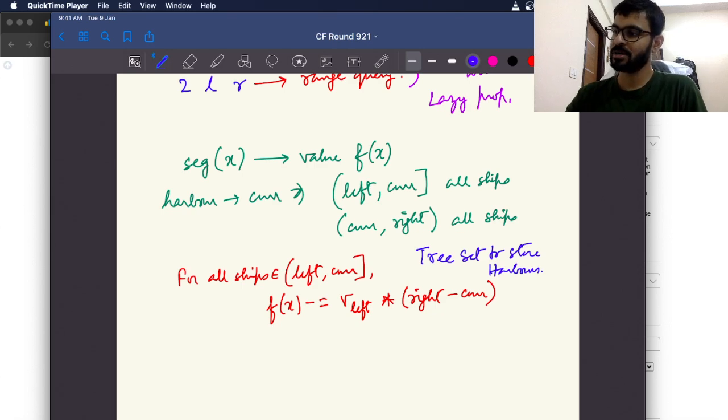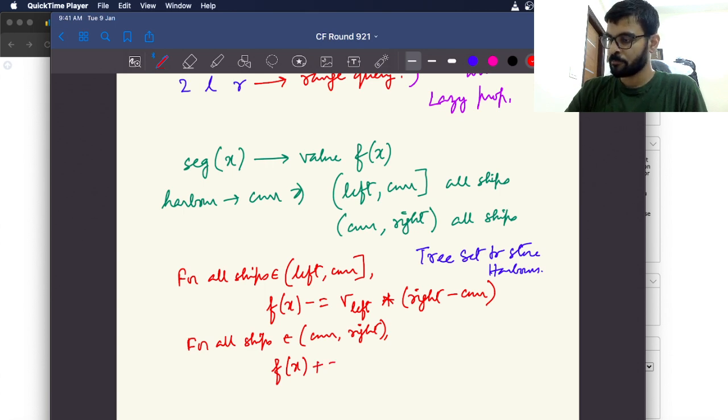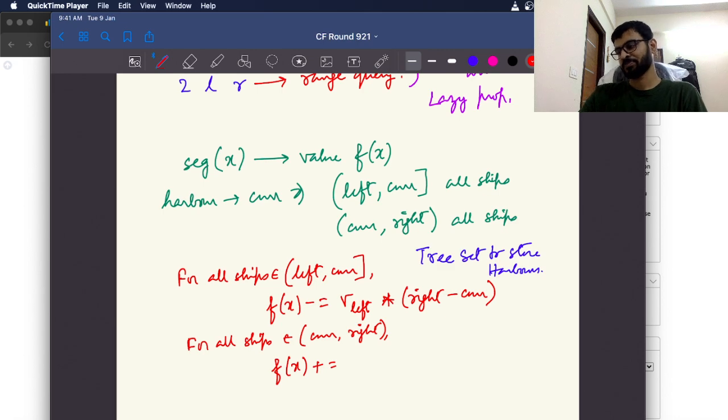And next, what can we do again for all ships belonging to car to right? fx minus equal to or plus equals to. For the ones to the right, what changes is the distance from the current position.